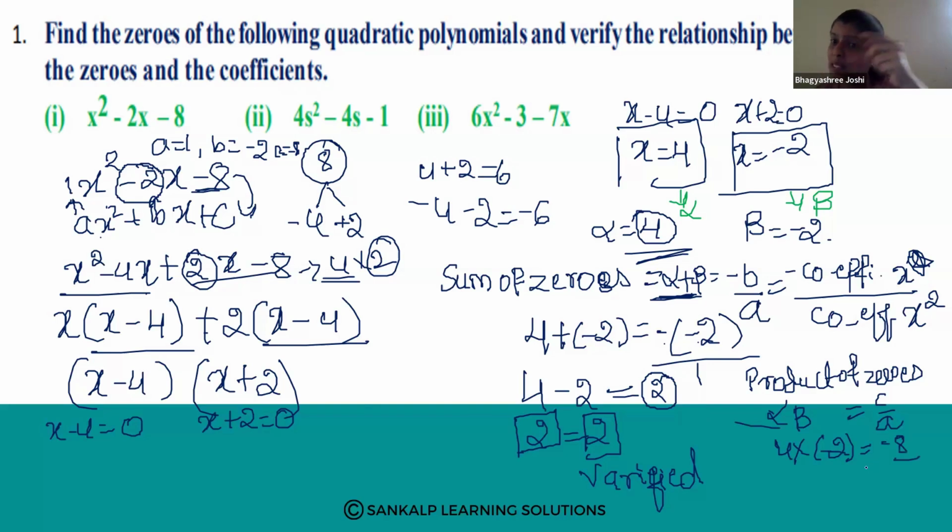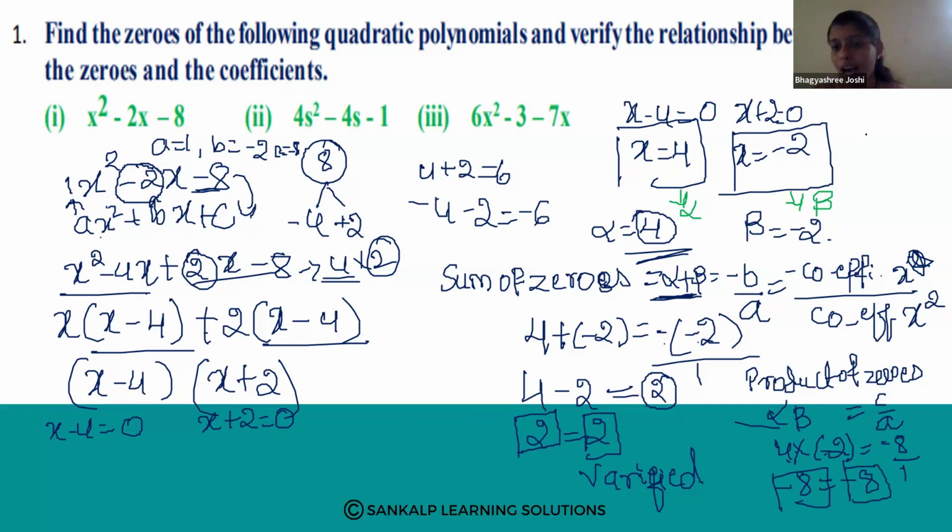A is 1, the coefficient of x square, that is 1. So minus 8 divided by 1. 4 into minus 2: 4 twos are 8, plus into minus is minus. Minus 8 is equal to minus 8. Here also both the values are same.